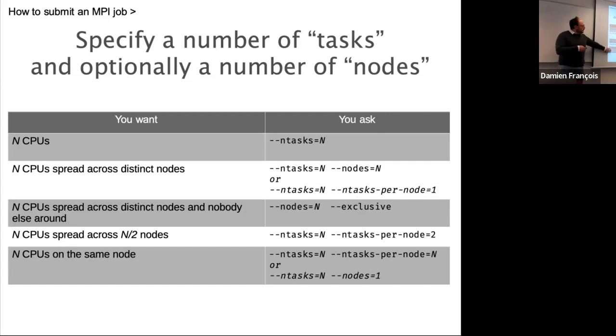And so if you understand how this works, you understand that if you put ntasks and ntasks-per-node, or if you specify nodes equals 1, Slurm will only start your job if it can find one node where all the slots can be found. And you can find in-between situations if you want only 2 tasks per node or so.